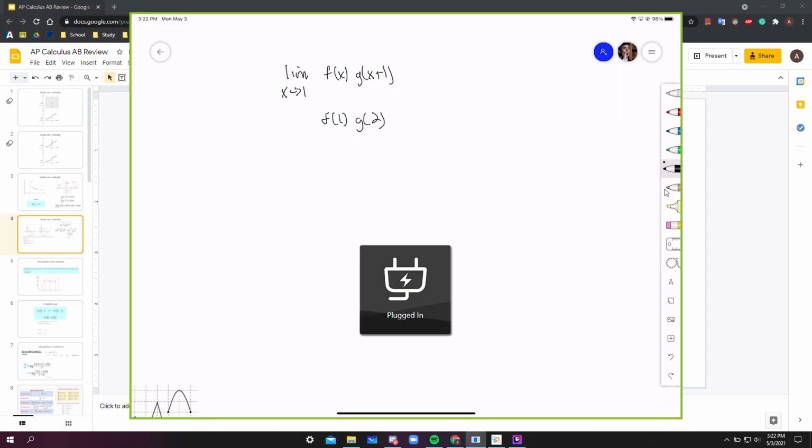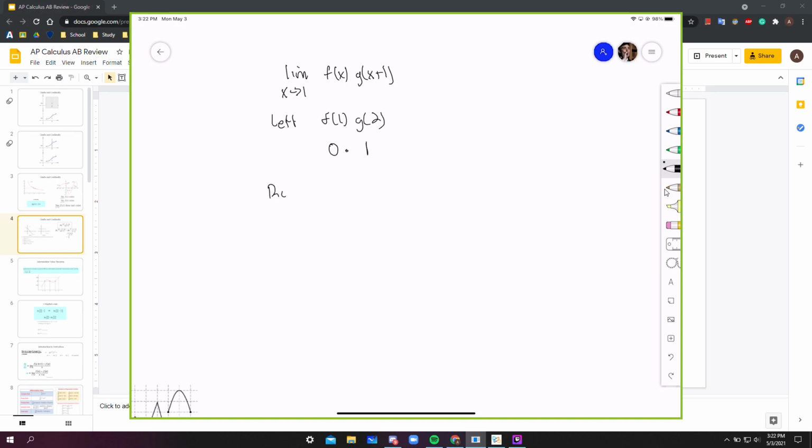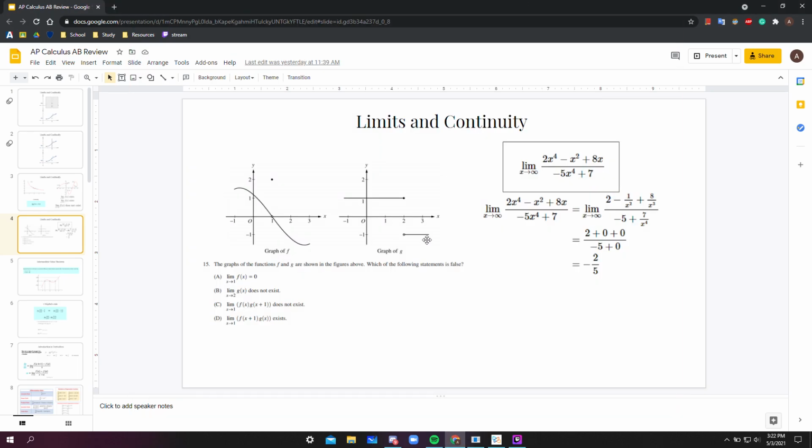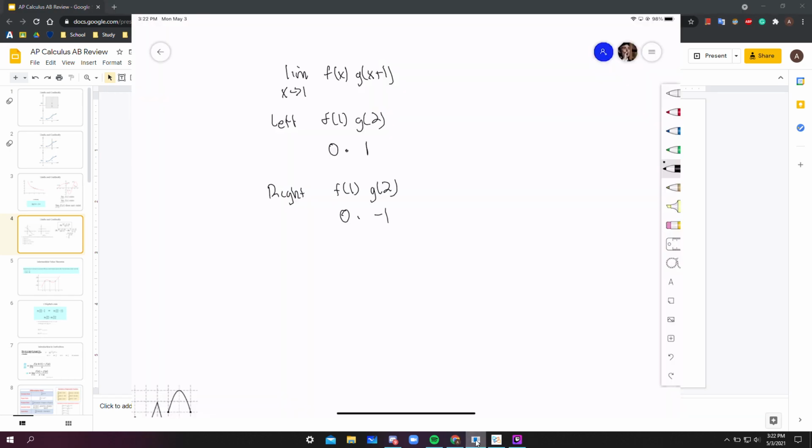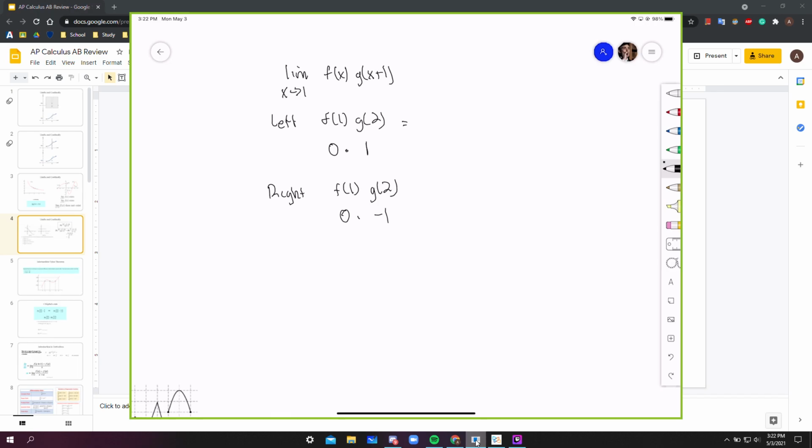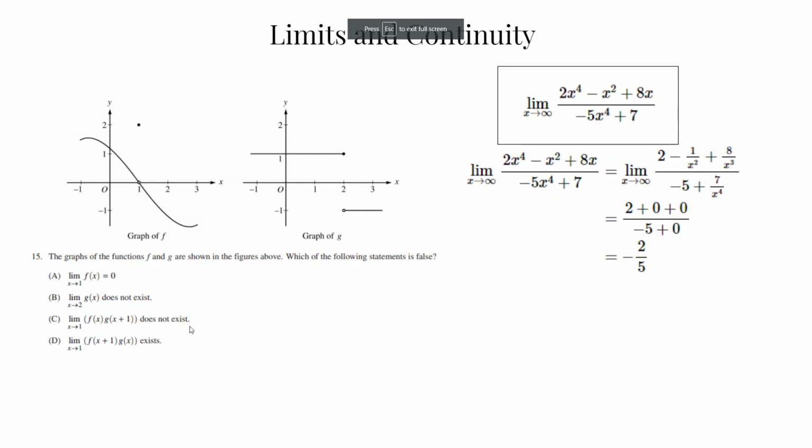So that's 0 times 1 from the left. From the right, it's f of 1 times g of 2, but from the right, it's 0 times -1, since from the right, g approaches -1. So the left-hand limit is 0, and the right-hand limit is 0. So that limit is 0, so it does exist. So this statement is false. And now D is true. F of 2 times G of 1, G of 1 is 1, F of 2 is -1. That limit exists.